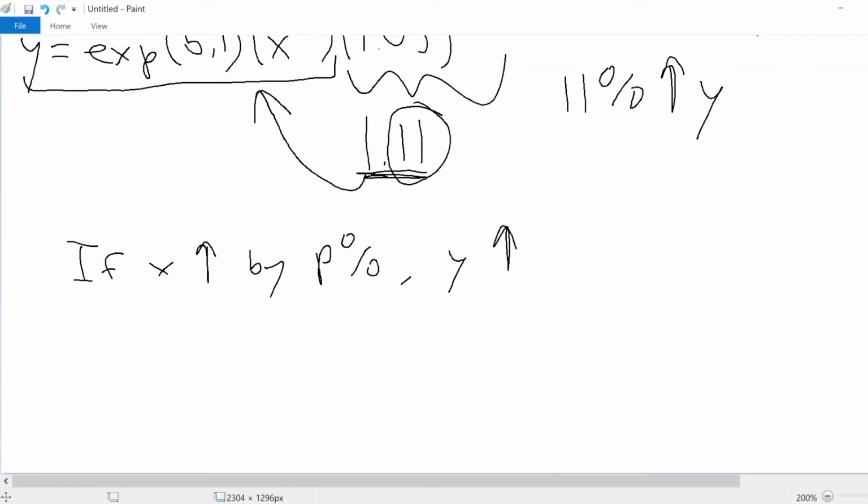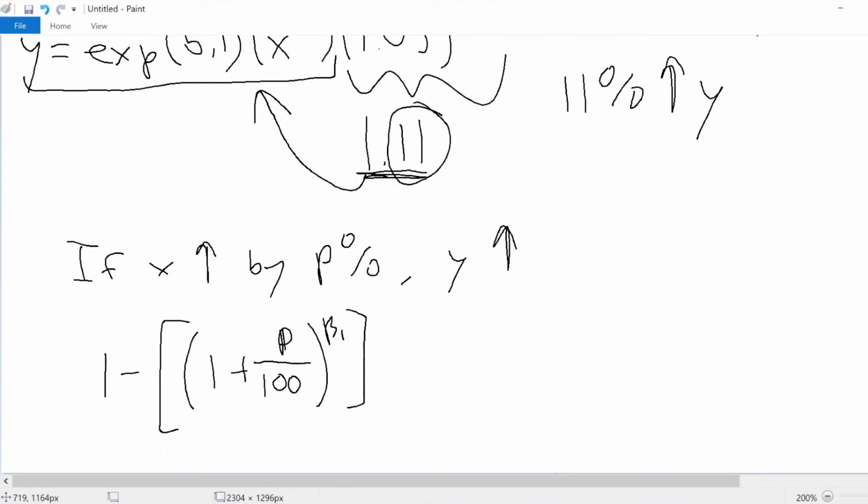This gets a little hairy, but we can see this up above too. It increases by, here we go, a big bracket, 1 plus p over 100, end parenthesis, to the beta 1, the slope, close that bracket, minus 1, and then multiply that by 100. And that gets us some percentage increase.